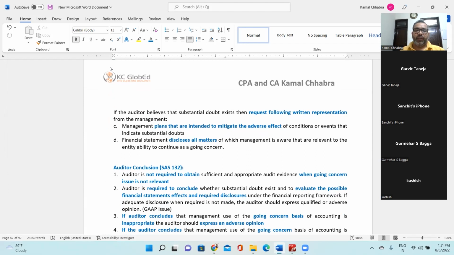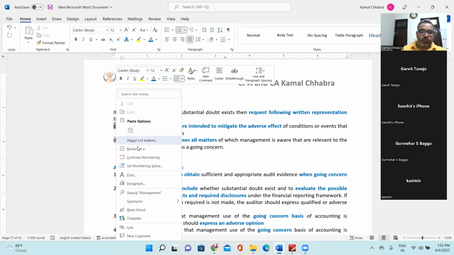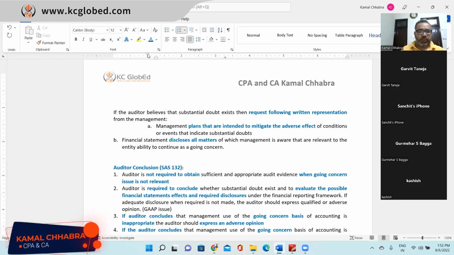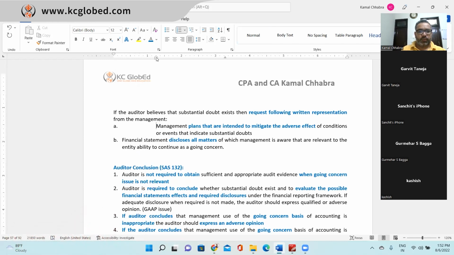If the auditor believes that substantial doubt exists, then request the following written representation to the management. First is management plans that are intended to mitigate the adverse effect of the condition or event that indicates substantial doubt.